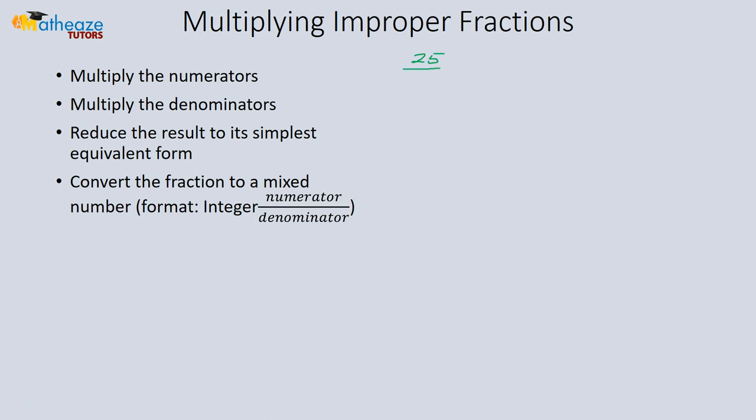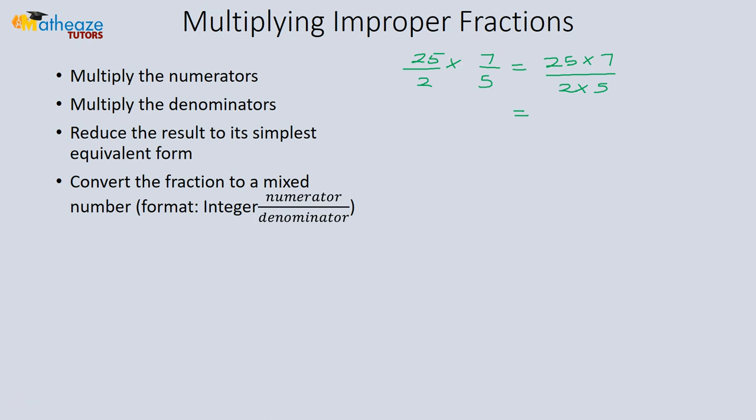25 over 2 multiplied by 7 over 5. So the first approach is we multiply the numerators together and then we multiply the denominators together.